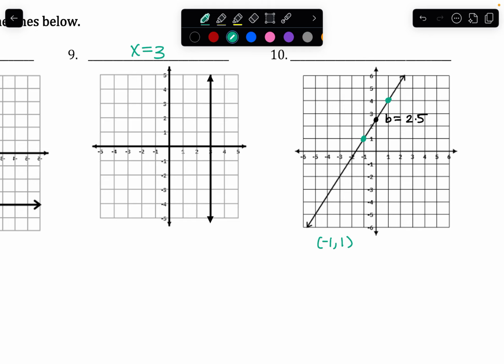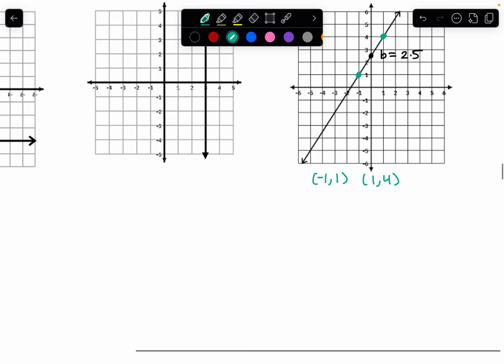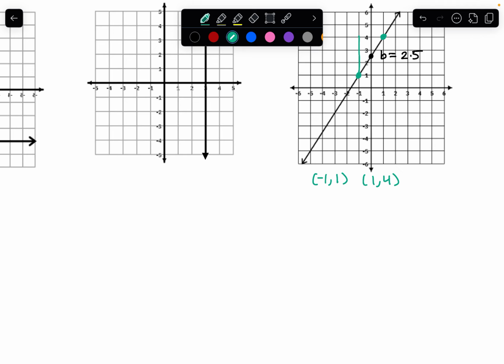And we can still count the rise. The rise is 3, the run is 2. And so my slope would be 3 over 2.